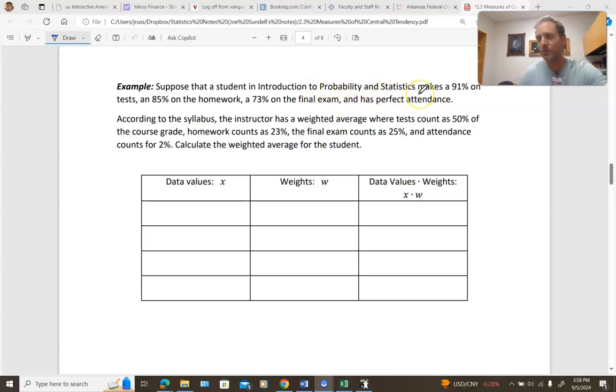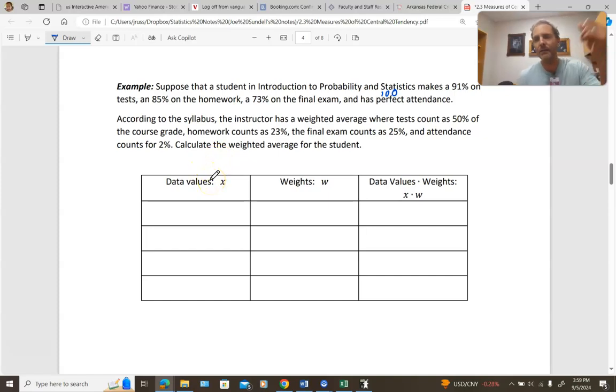So perfect attendance would mean 100% for attendance. Then it says, according to the syllabus, the instructor has a weighted average where tests count as 50%, homework counts as 23%, the final counts as 25%, and then attendance counts for 2%. So we want to calculate the weighted average for the student.